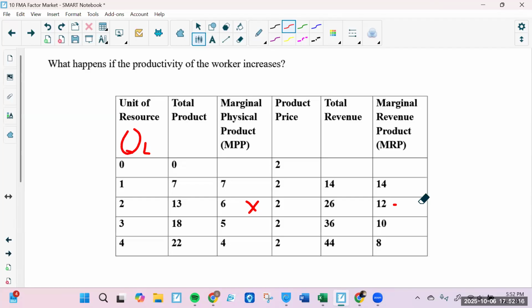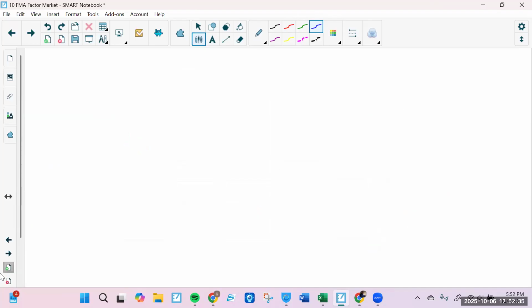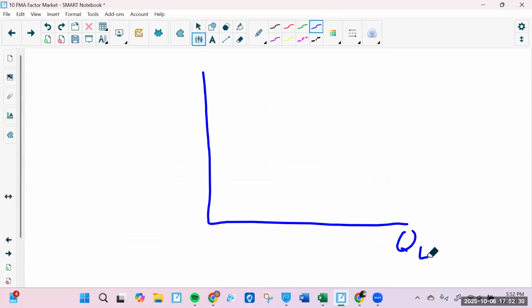That is correct. That $12 right here is the value of the marginal product of labor. Versus this whole thing here, which is the whole curve, is the MRP. So said another way, in perfect competition, you've got your quantity of labor, you've got your wage rate, you've got your demand curve, which is the same thing as the MRP, so that whole curve.